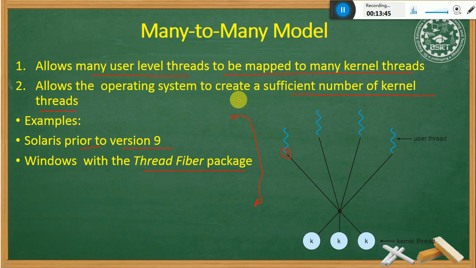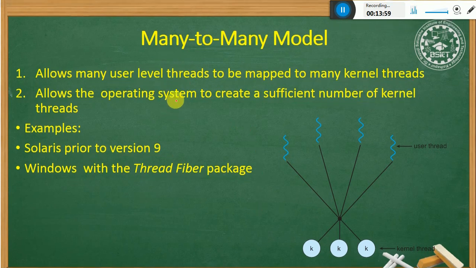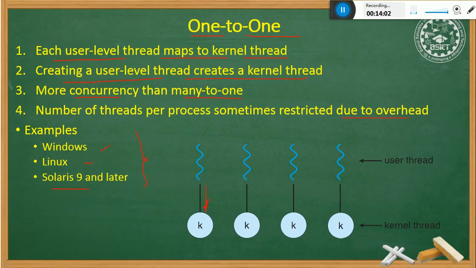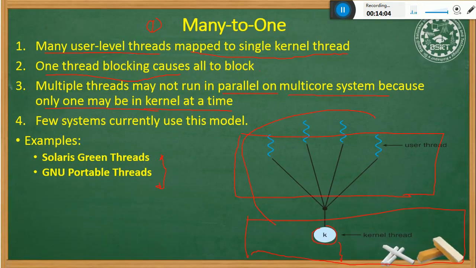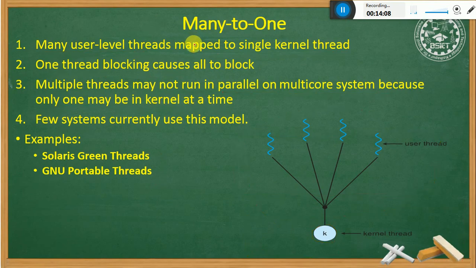So these are the three models. I have explained them with proper diagrams, features and examples. There is a task for my students: find out the advantages and disadvantages of these models, because it is very easy to find them.